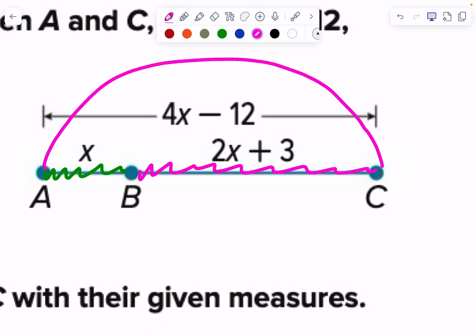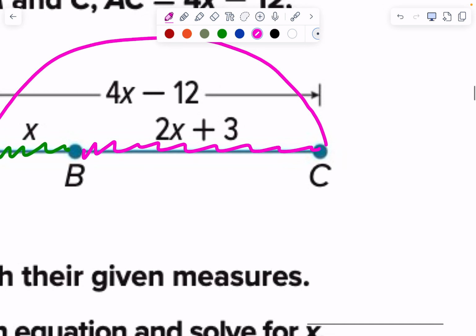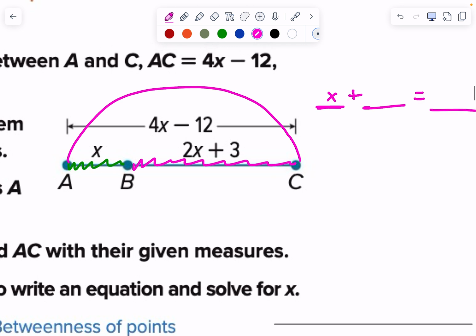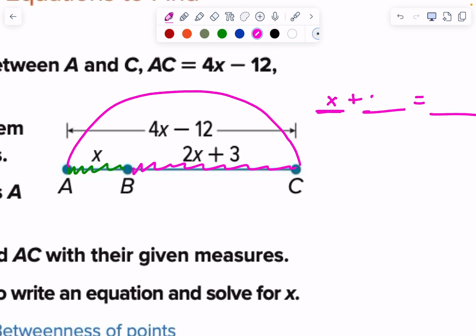So how do I figure out what x is? You add them. The two smaller pieces, that first chunk plus the second chunk, make the big chunk. x plus 2x plus 3 is equal to 4x minus 12. Do you see what I just did? The two smaller pieces added together equal the bigger piece.